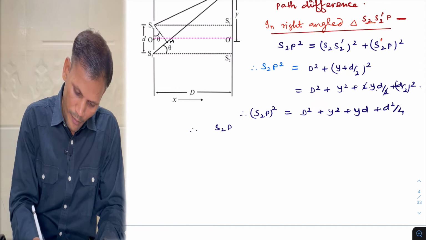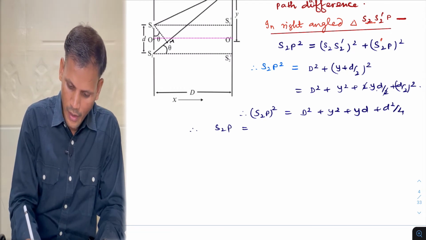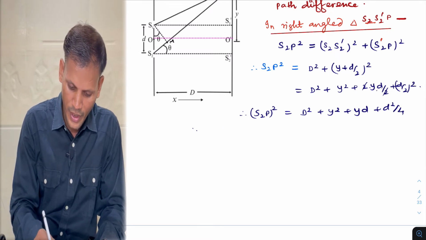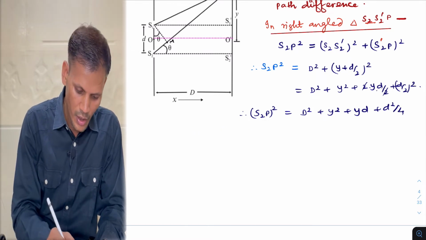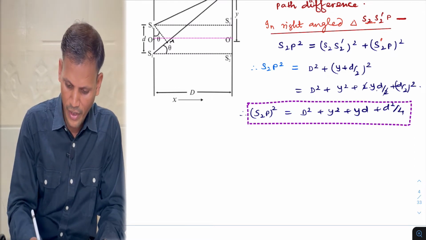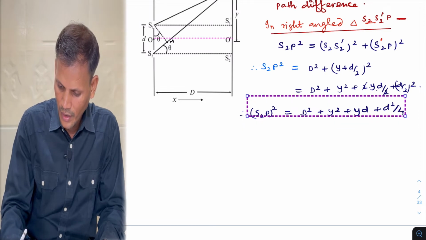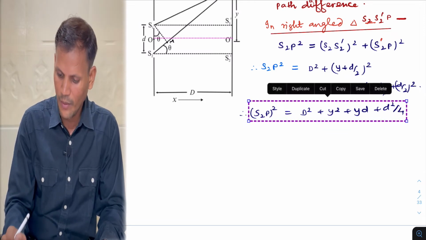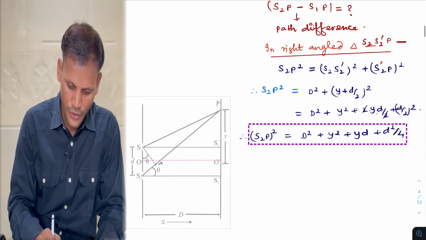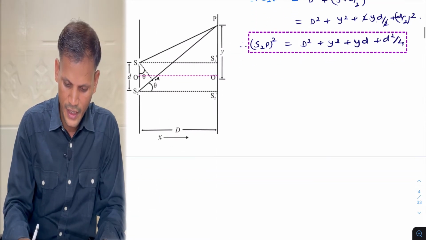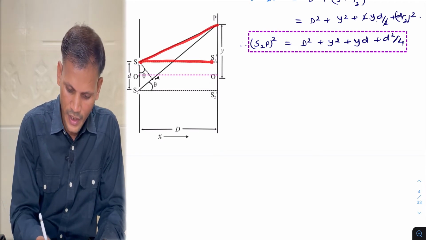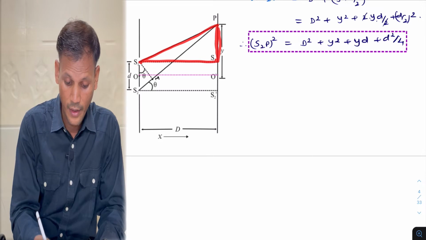We will not write S2p in terms of root, leave it from here, that is sufficient. So we get this as a very important term. Next, what is needed is S1p, so we'll take this triangle.